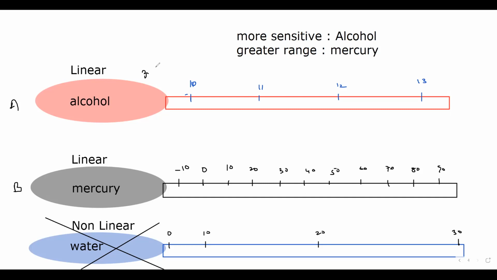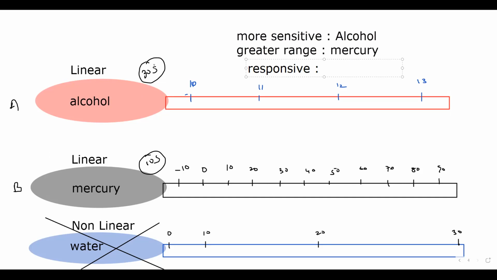And if I say the alcohol thermometer takes 30 seconds to show a change in temperature of 1 degree, and the mercury thermometer only takes 10 seconds, which is the more responsive thermometer? The comparison is only between alcohol and mercury, because water is not used in a thermometer.